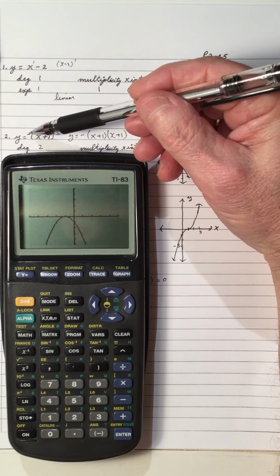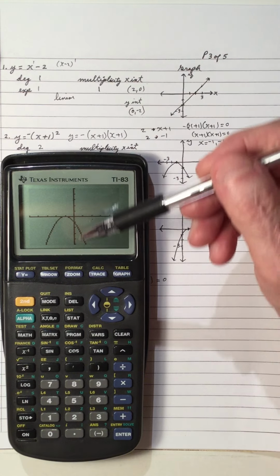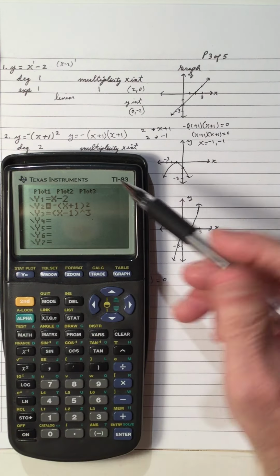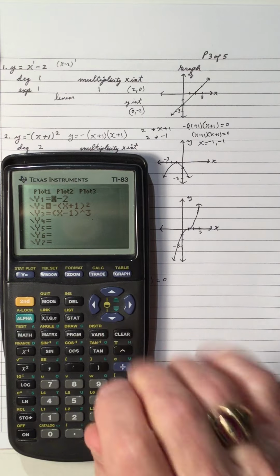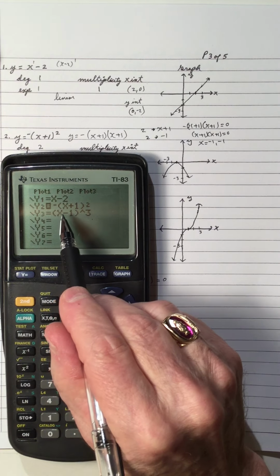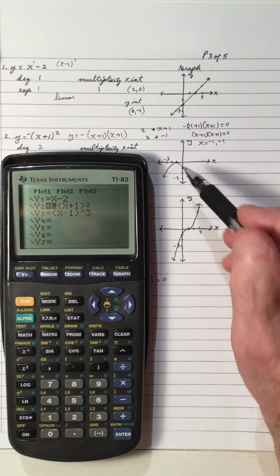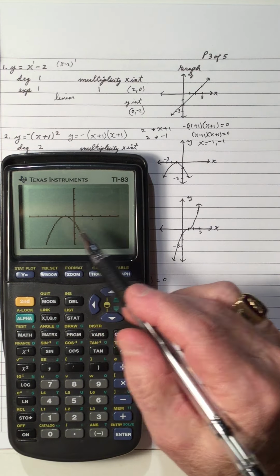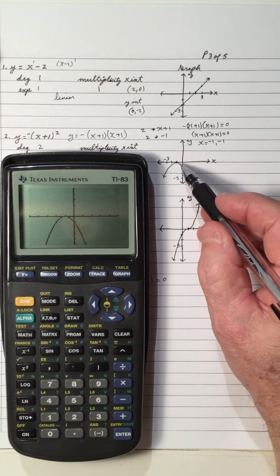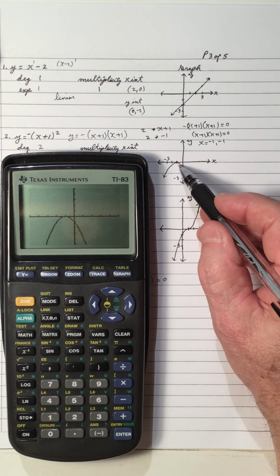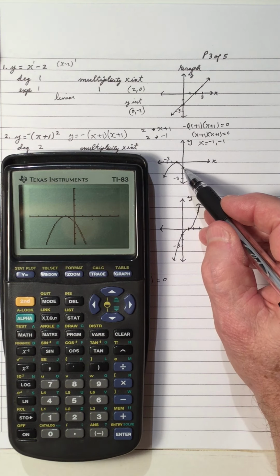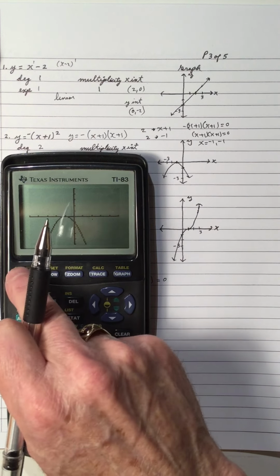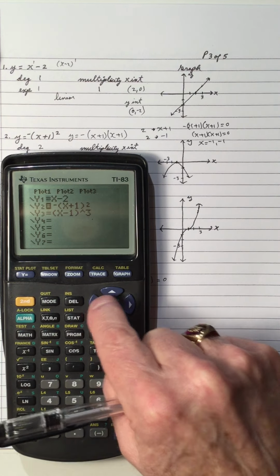So there's the equation, the negative of x plus 1 all squared. It's a parabola that opens downward because it's negative, and it has an x-intercept at negative 1 and a y-intercept at negative 1.